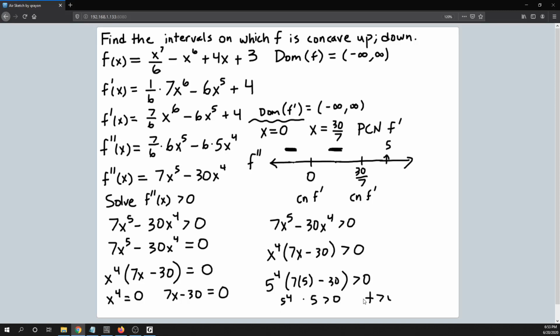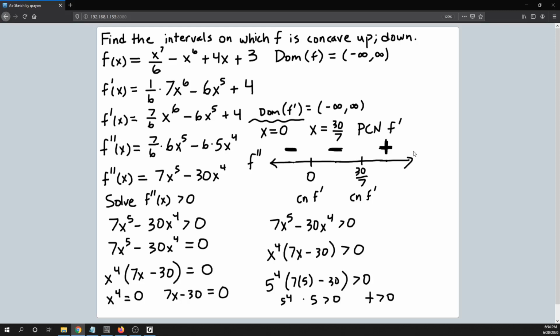All I really care about is that I know that's a positive number. So 5 is a solution to this inequality. It means that every number on this piece to the right of 37/7ths is a solution. Therefore, if I take any number on that piece and plug it into the second derivative, I will get a positive number. So I'm just going to label that interval with a big plus over the top.